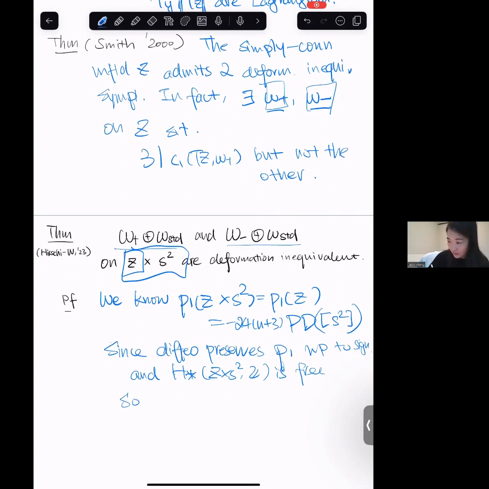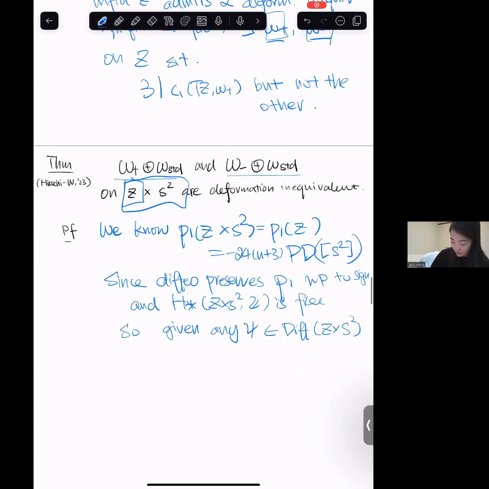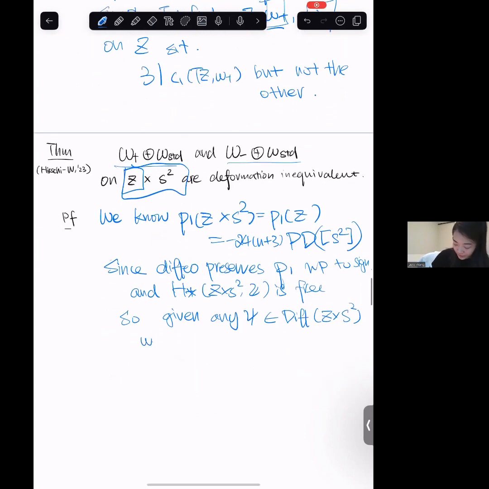So given any psi in Diff of Z cross S2, in his specific example, we know that psi push forward of S2 is S2 up to sign.